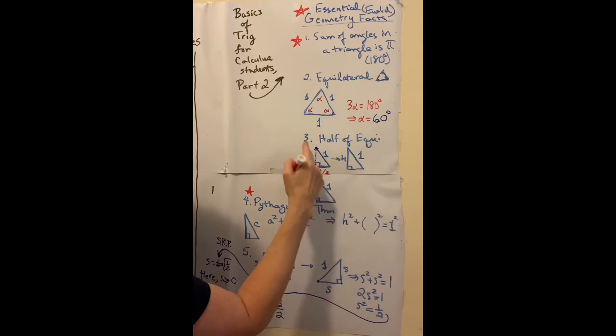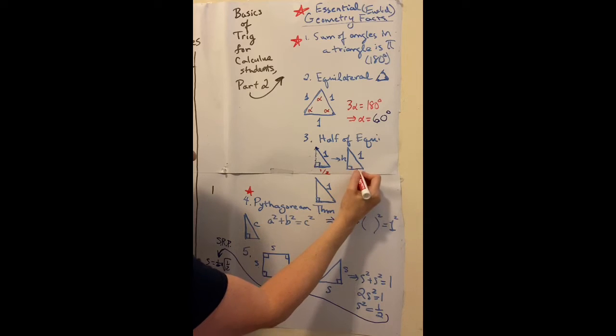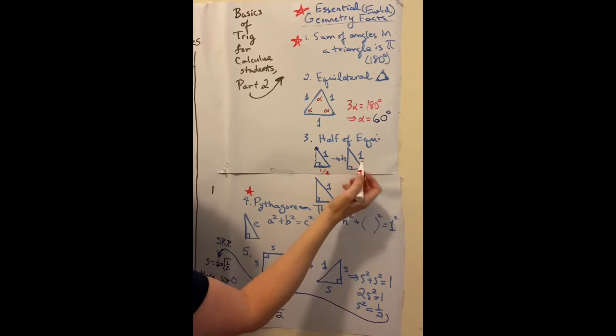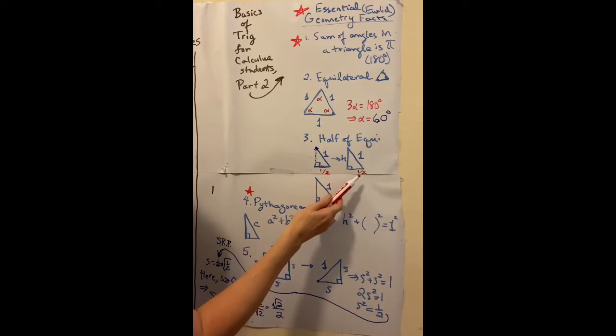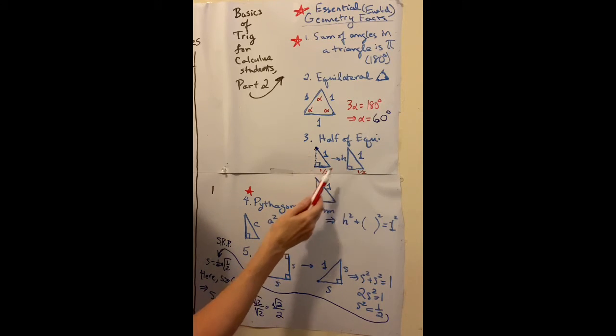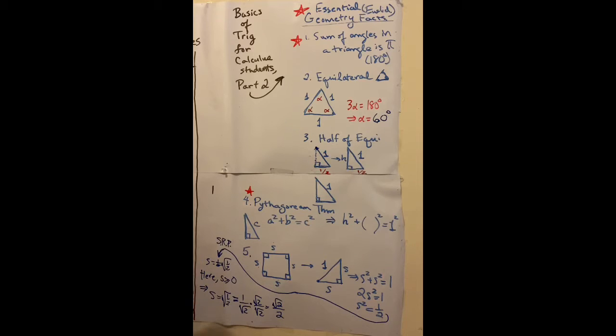So now we dropped the perpendicular, so we have a right angle here, and a right triangle with sides of length 1, 1/2, and let's call this altitude h. And let's pull out another fact of Euclidean geometry: the Pythagorean theorem.